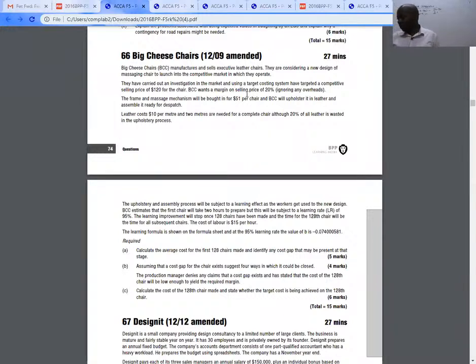And then we continue. We are told leather costs 10 per meter and 2 meters are needed for a complete chair, although there is wastage of 20%. Whenever there is wastage, so many students will not be able to handle it very well. So we have leather. 2 meters are needed, but remember these 2 meters are net, so I have to gross up.